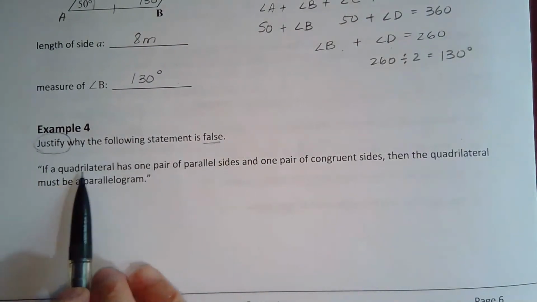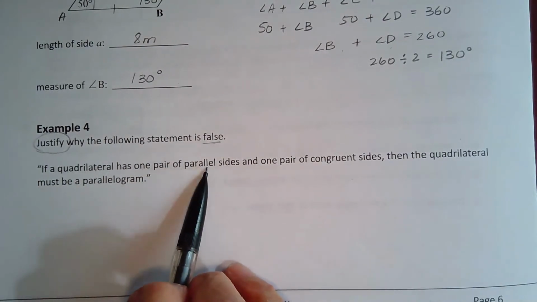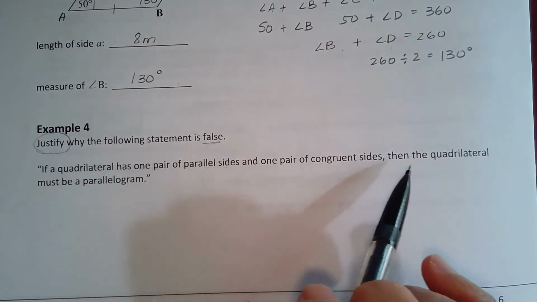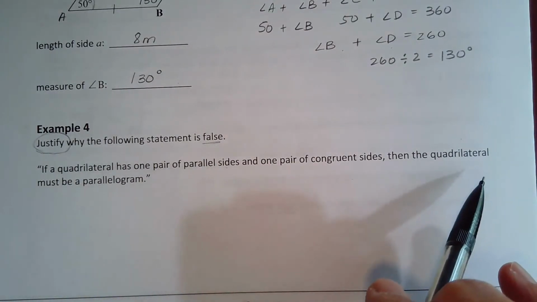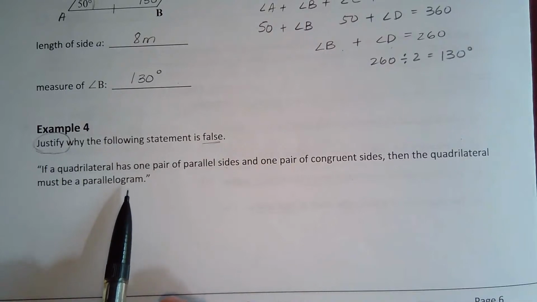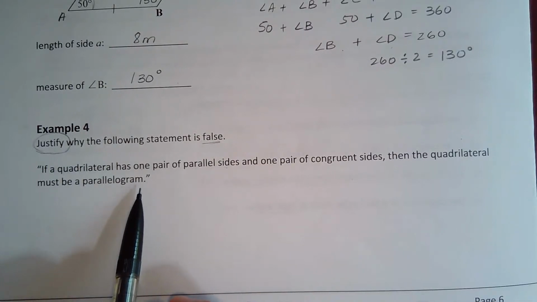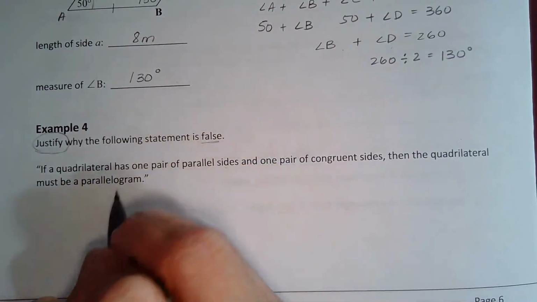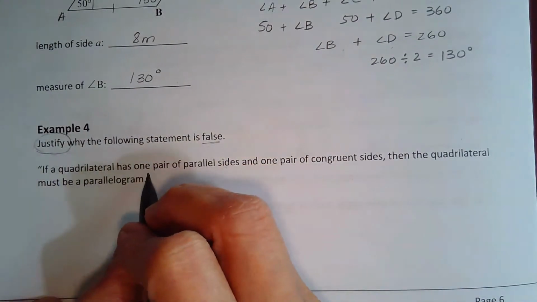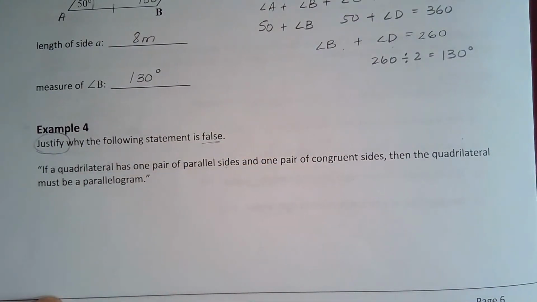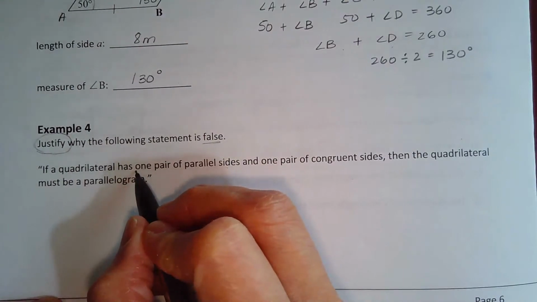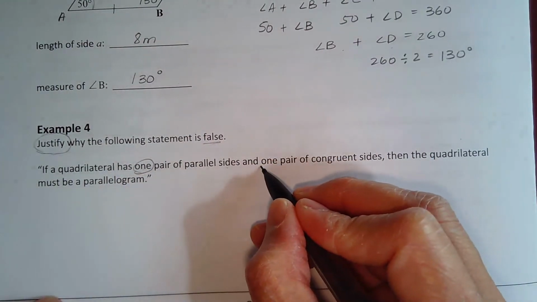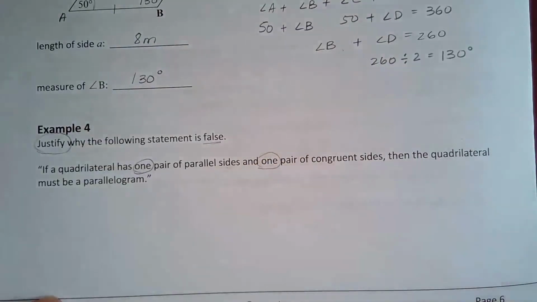If a quadrilateral has one pair of parallel sides and one pair of congruent sides, then the quadrilateral must be a parallelogram. The answer is no, it's false, because a quadrilateral needs to have two pairs of parallel sides and two pairs of congruent sides.